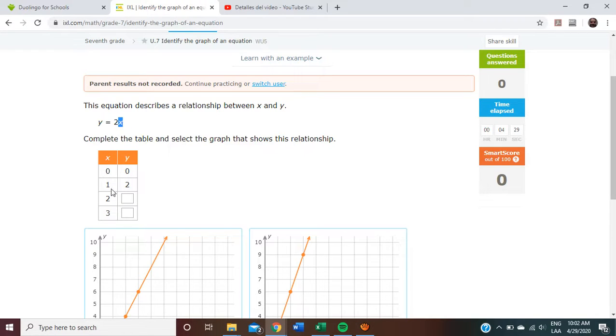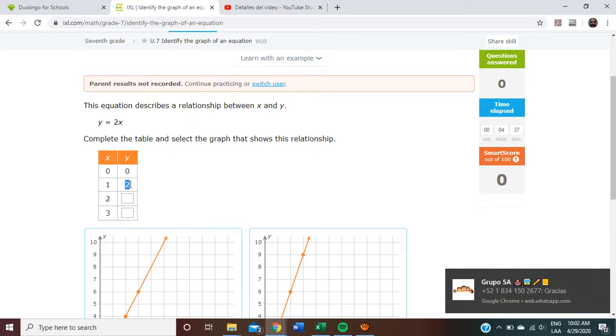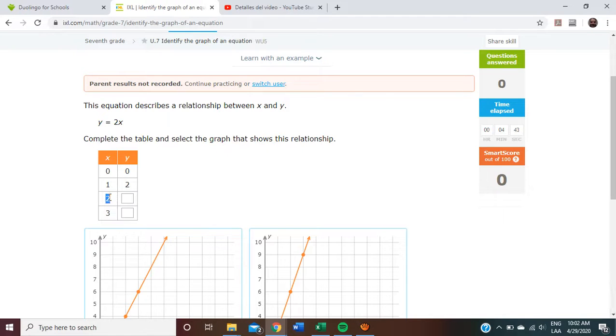But when x equals 1, 1 times 2 equals 2, so y equals 2. Now when x equals 2, 2 times 2, so y equals 4.